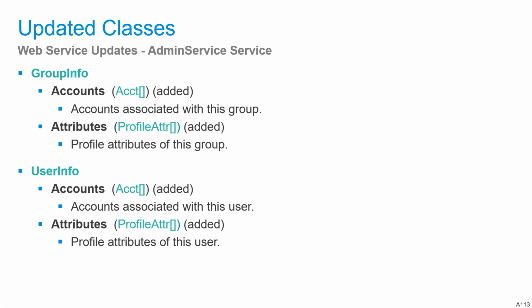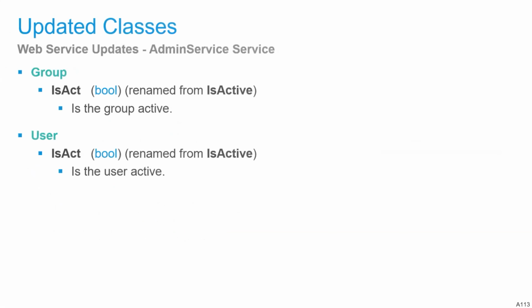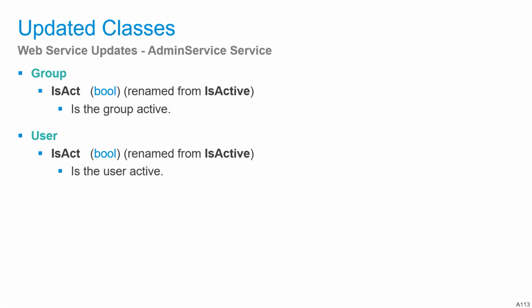So all user and group accounts are now stored in the user info and group info classes accordingly. Here we can see renamed properties. IsActive for user and group classes were renamed to isAct.